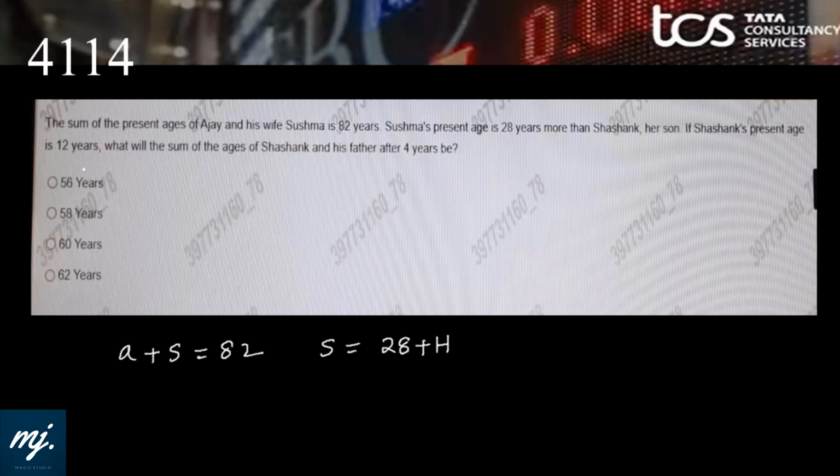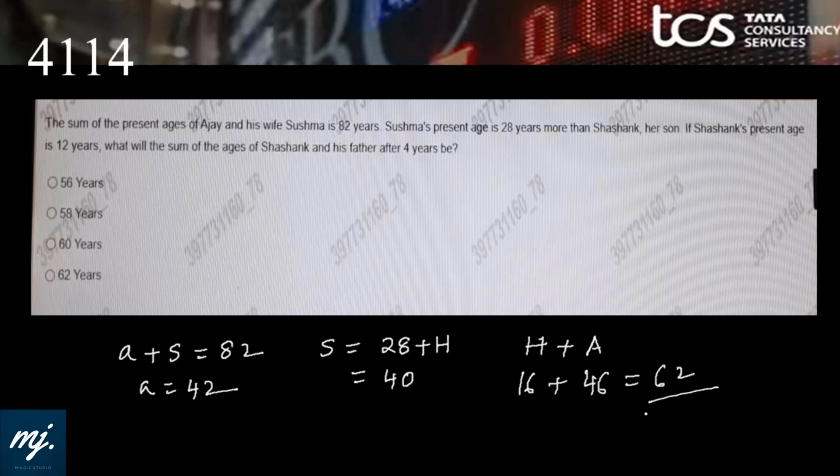If Shashank's present age is 12 years, that means Sushma's present age is 40, and then Ajay's present age is 42. What will be the sum of Shashank and his father after 4 years? Shashank would be 16 after 4 years, and his father would be 46. So it is 62. Option D fits in.